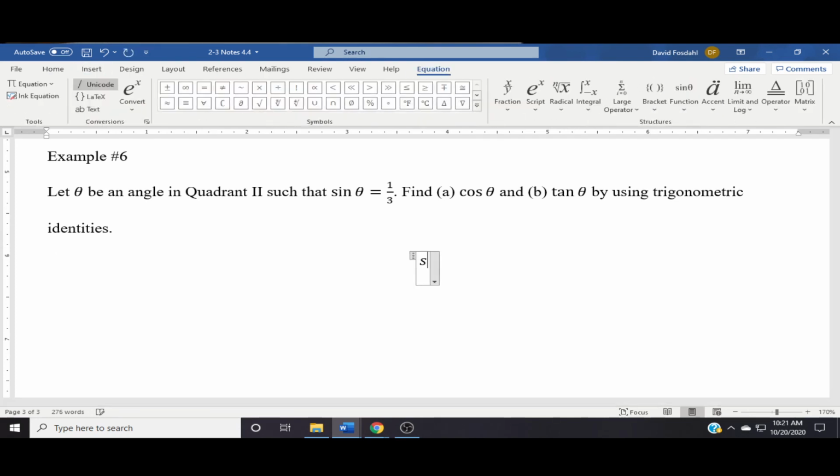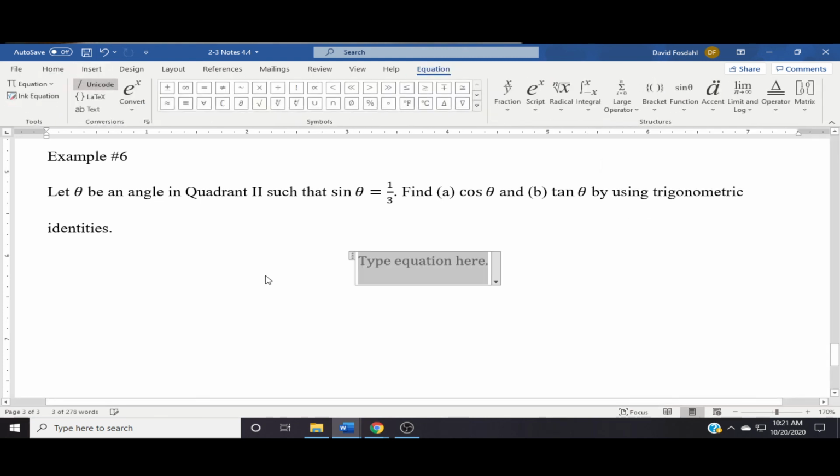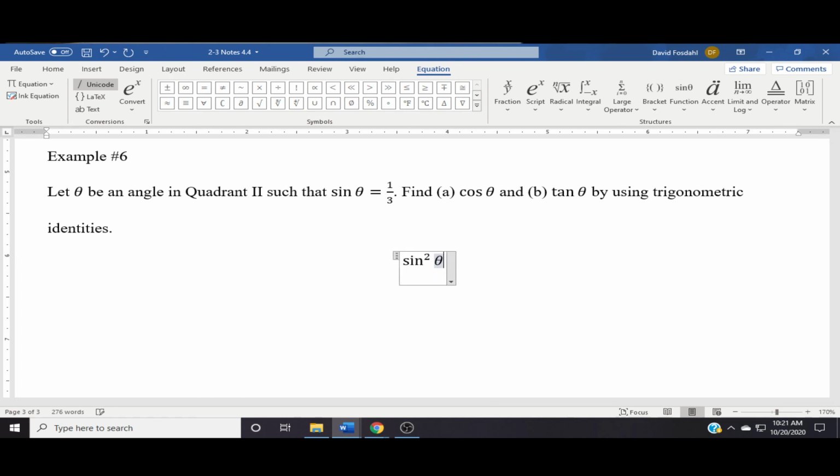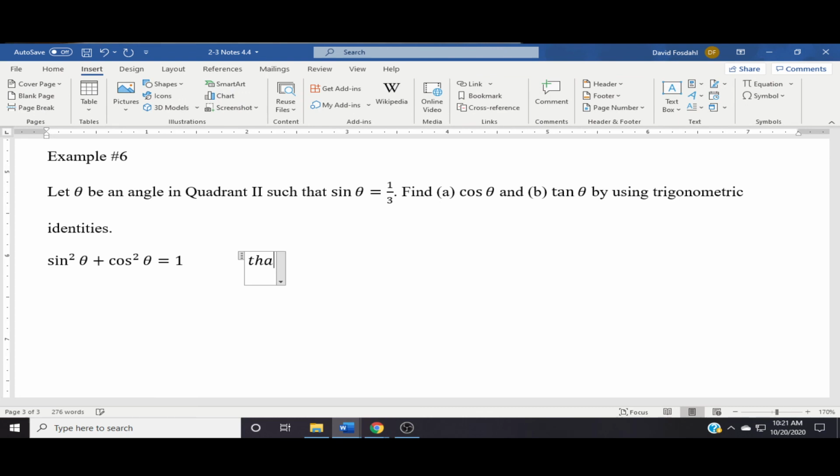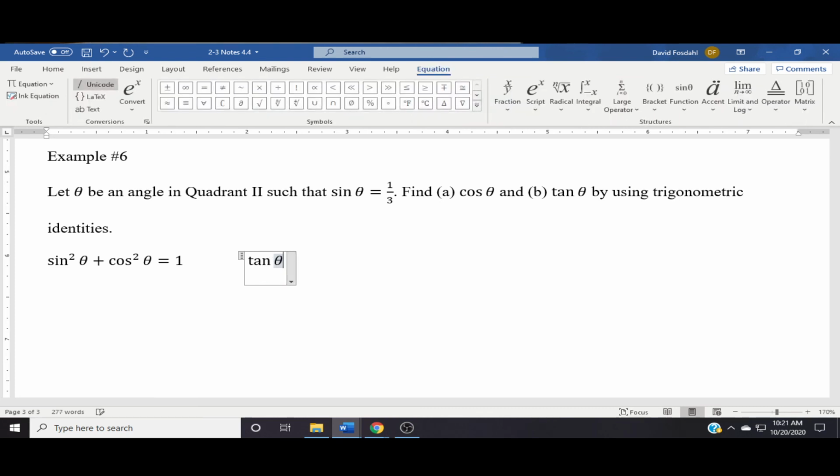Remember that sine squared of theta plus cosine squared of theta equals 1. And remember that tangent of theta equals sine of theta divided by cosine of theta.